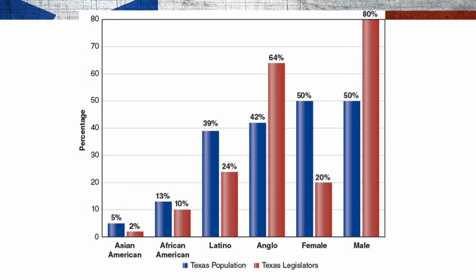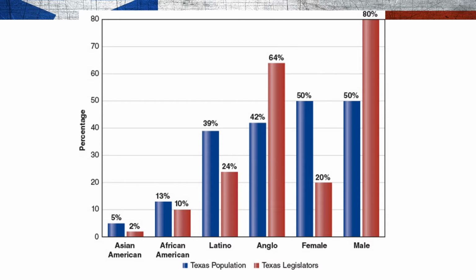And so you'll see that Asian Americans, Latino Americans, African Americans are all underrepresented in the Texas legislature, but Anglos are overrepresented.